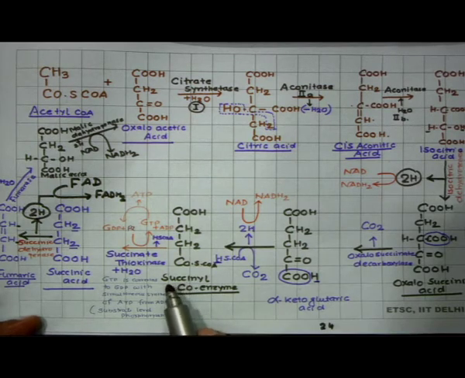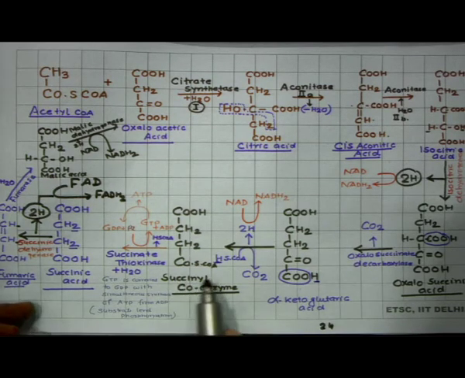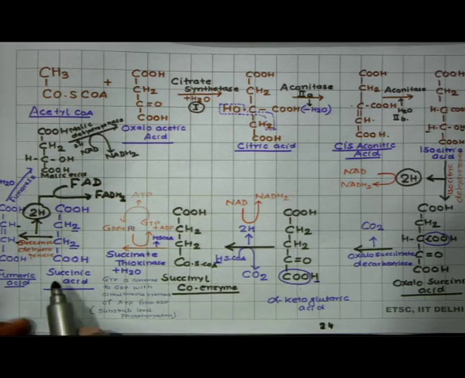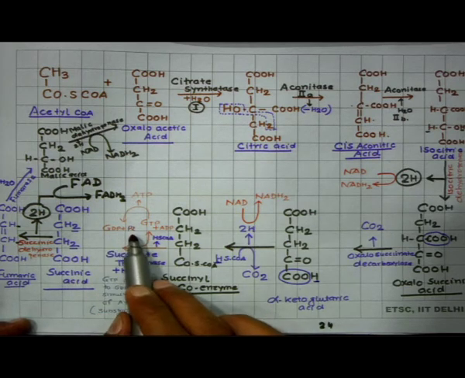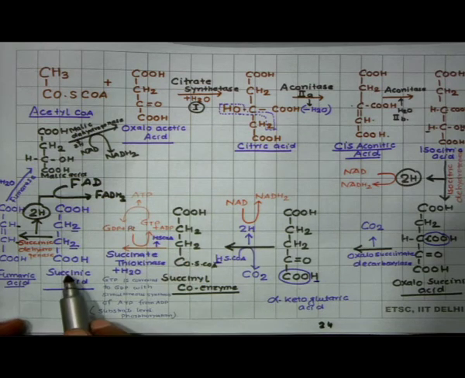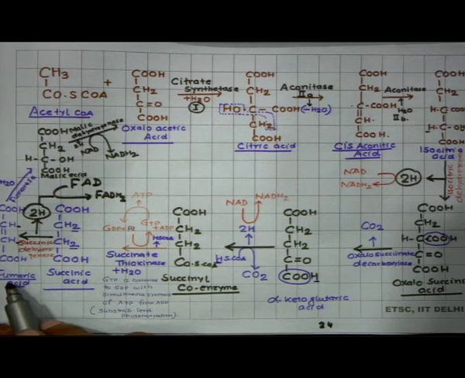Here the substrate level formation of ATP takes place, substrate phosphorylation takes place, and this succinyl coenzyme is converted into succinic acid, and GDP and inorganic phosphate finally form the ATP. From the succinic acid, fumaric acid is formed.